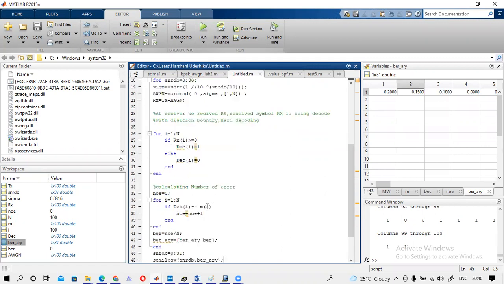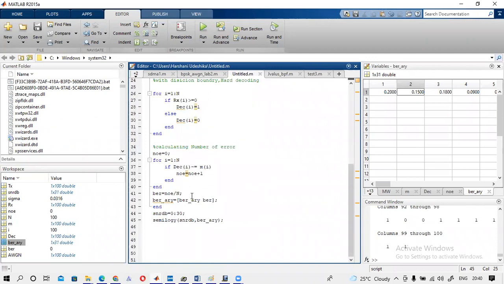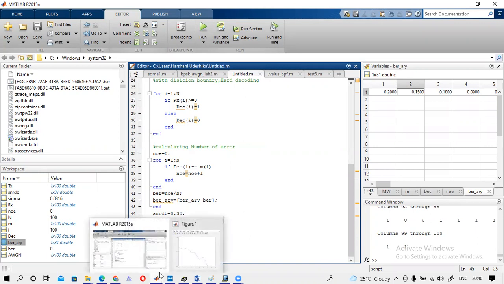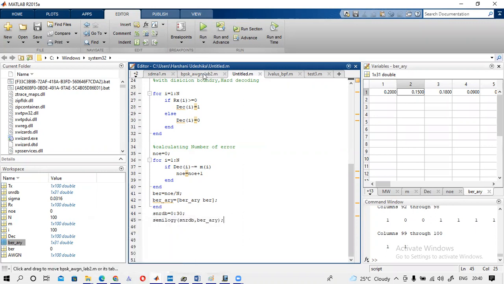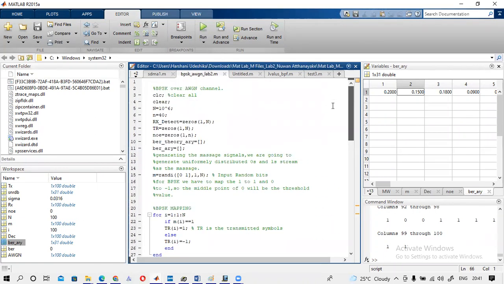So I think it is very simple. I'm not going to do it here. You can do it by yourself, try to do it. You have to type the bit error rate equation with respect to the Q function or error function. Here I have written this program formally.